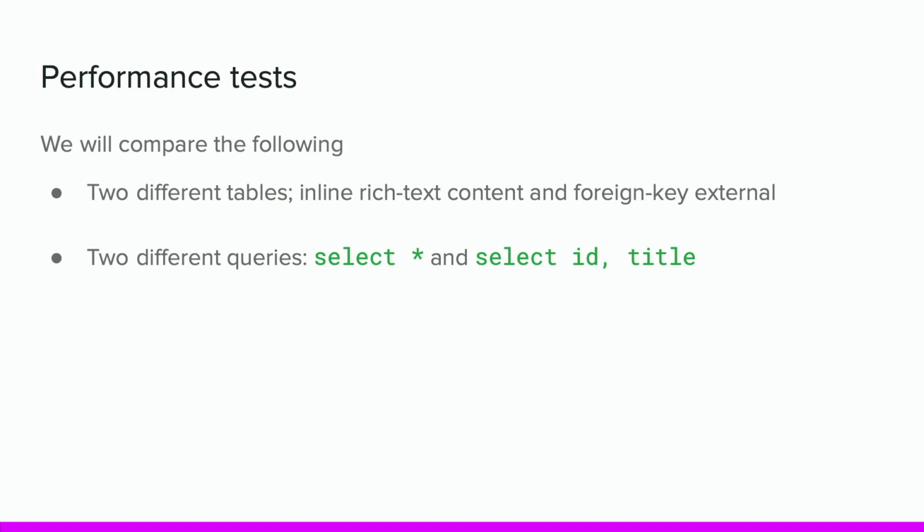One will have the tweets with the content of the tweet inline in the database table, and then we will have another table, one that will have an ID, a title, and a link to another table with the content of each tweet. And we will see how two different queries behave. It's select star, bring everything from the table, and select only the ID and the title.